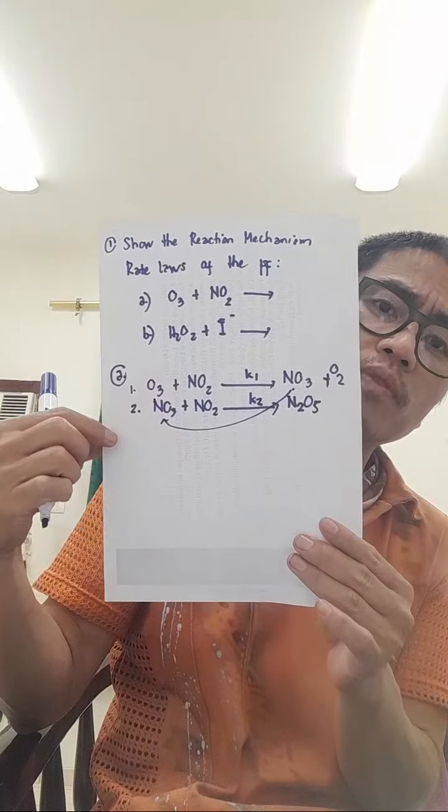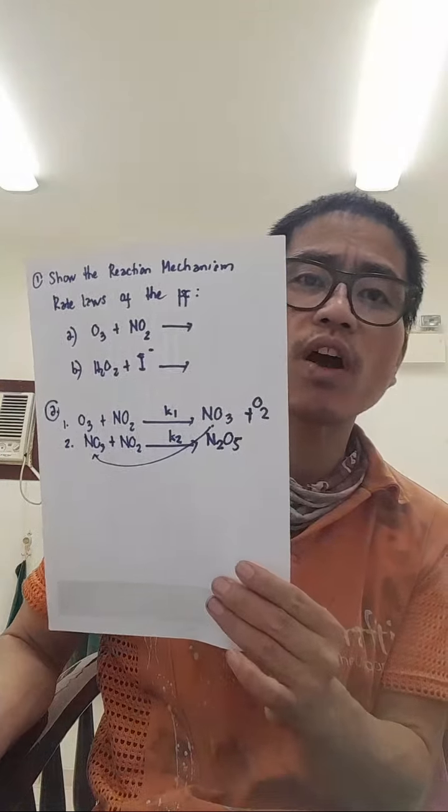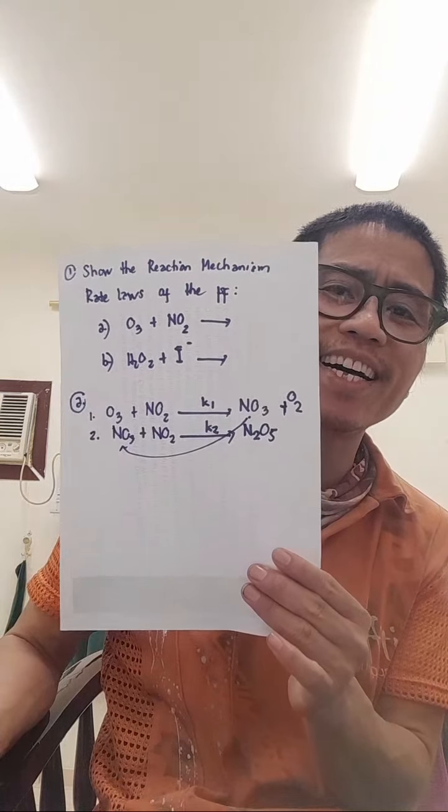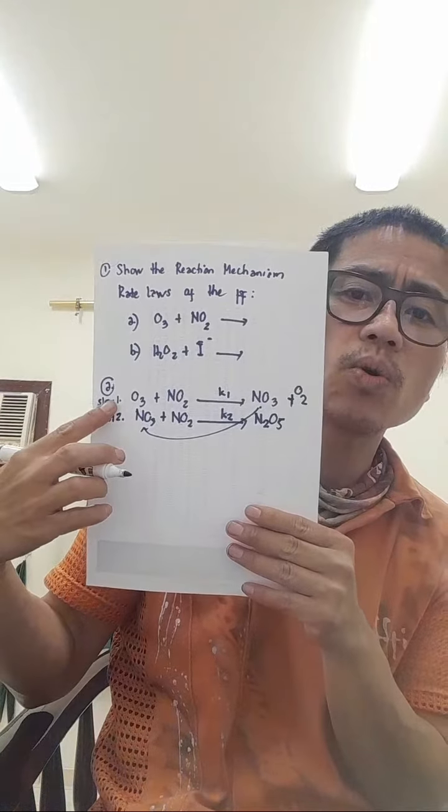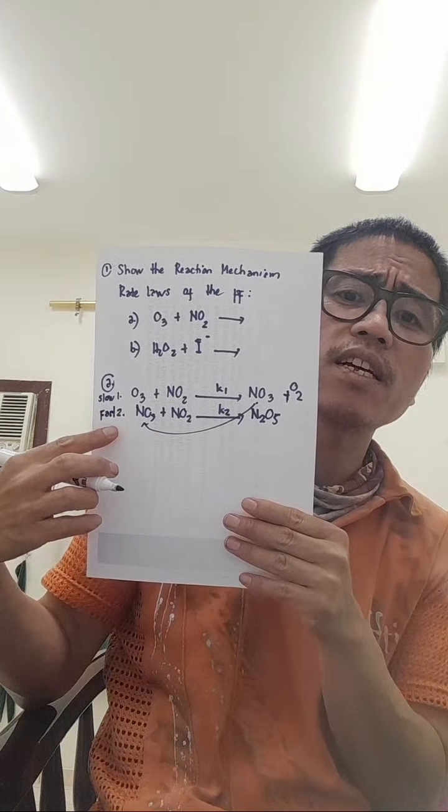How can you discover that? Okay, so the first one is the slow one, and the second will be fast. Slow, fast.